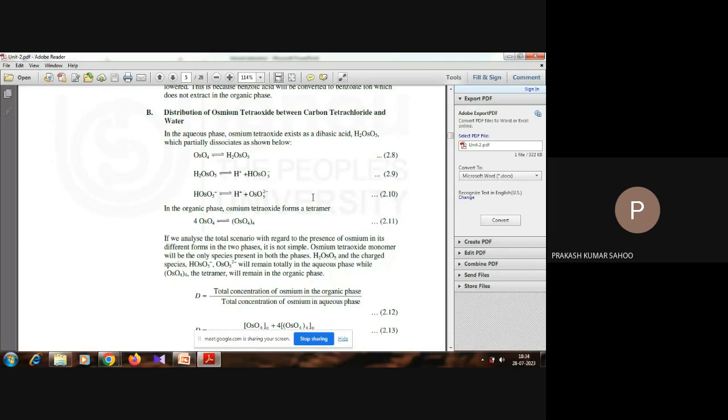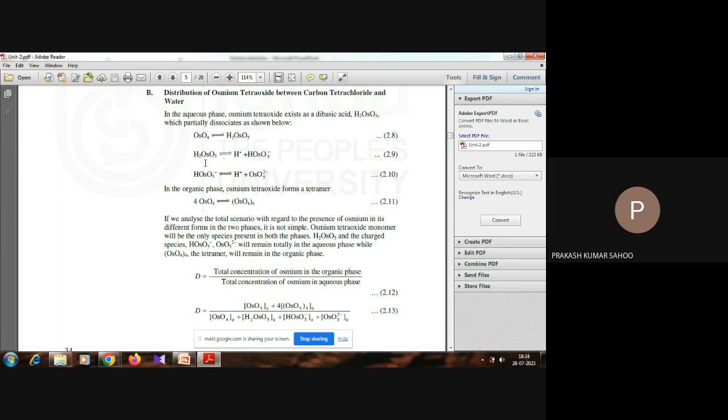Then the reactions are: OsO4 will react with 2 molecules of water H2O to give H2OsO5, that is the dibasic acid, osmic acid.